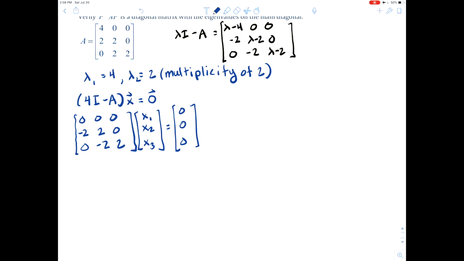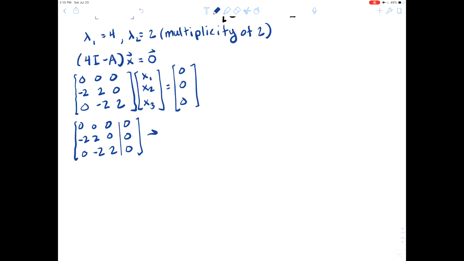Okay, well, let's check it out. If we take a look at this matrix, 0, 0, 0, 0, negative 2, 2, 0, 0, negative 2, 2, and 0, well, what would we get for this?